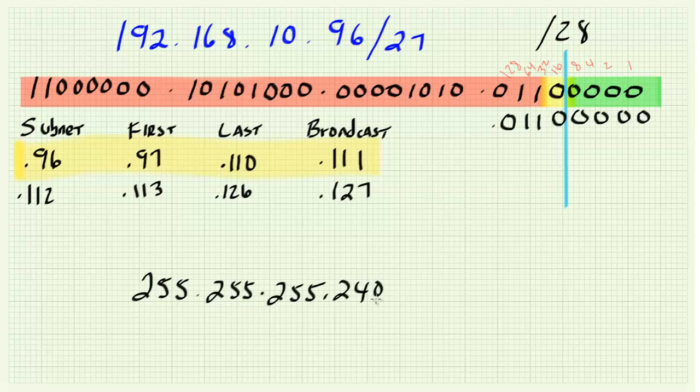So 255, 255, 255.240, that's the decimal subnet mask that will be assigned to the hosts when we use these IP addresses .97 through .110 in the 192.168.10.96/28 subnet, which will go on the local area network of location 3.